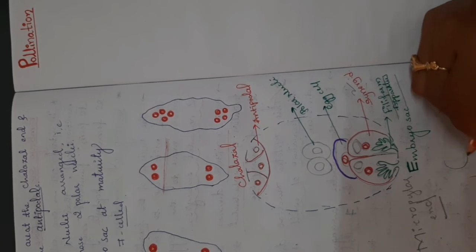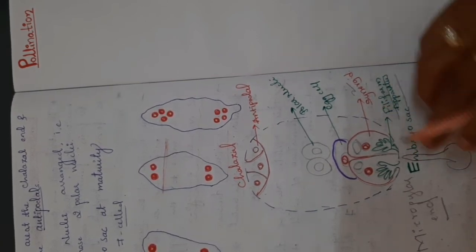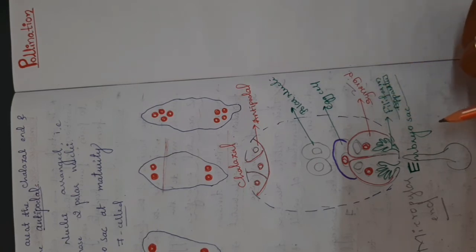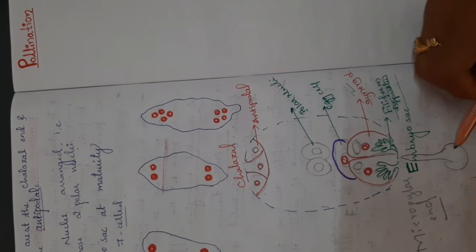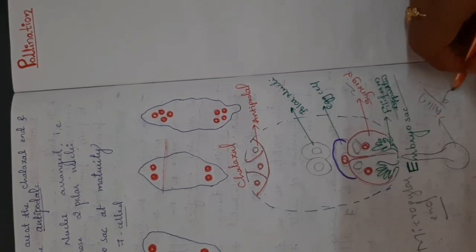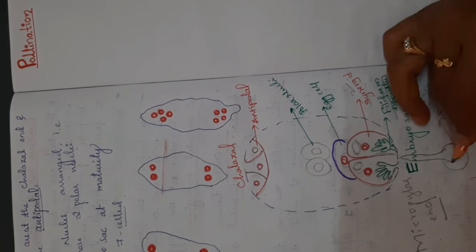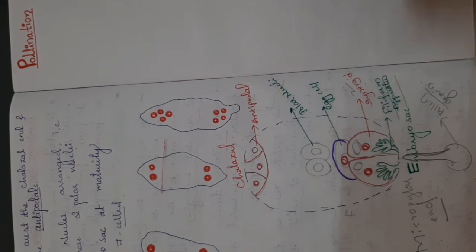Filiform apparatus helps in the entry of pollen tube. Okay, the pollen grain germinates and a pollen tube is formed during the process of pollination. During pollination, a tube like structure is formed from the pollen grain. That tube like structure is called as a pollen tube.